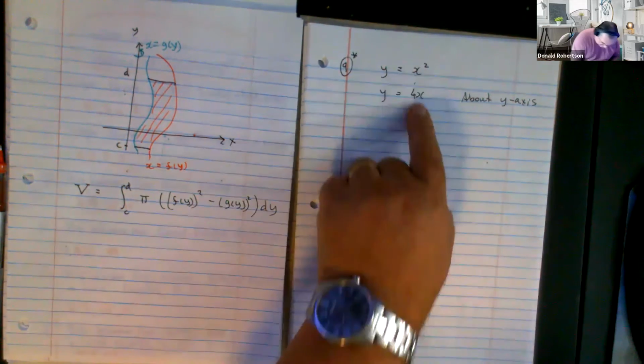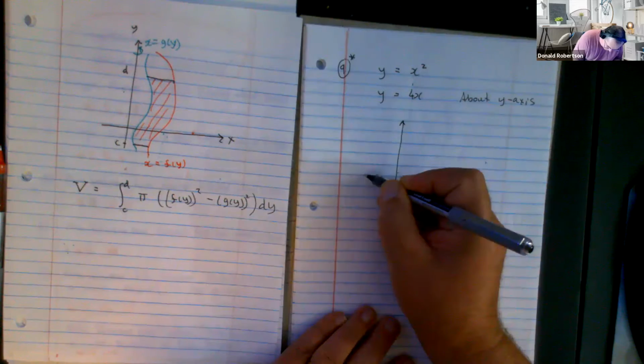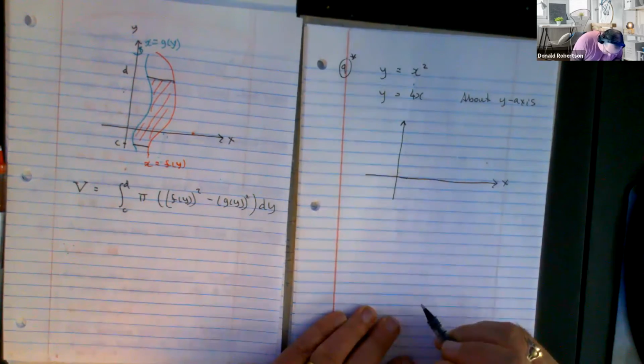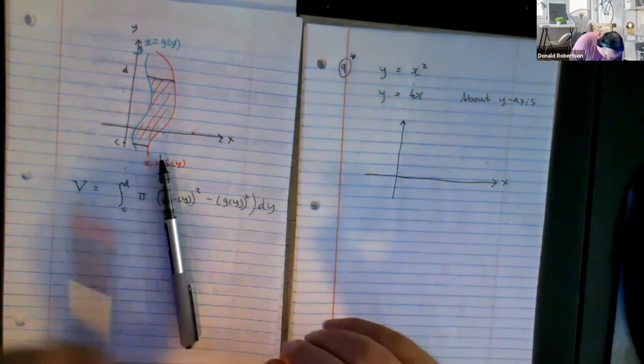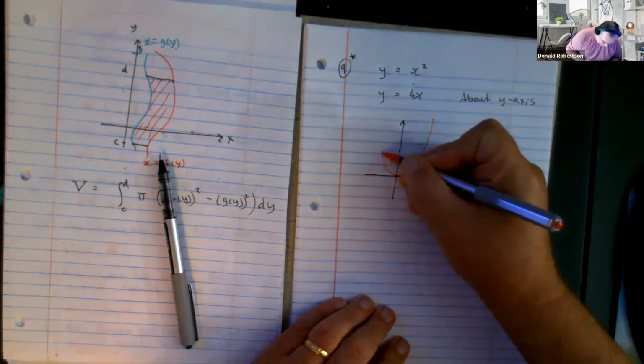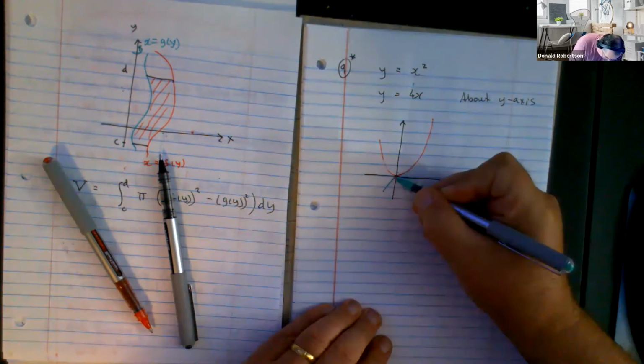Everything in x. I'm still going to draw it. And then I'm going to have to adapt. If you do y equals x squared, basically it looks like that, right? If you do y equals 4x, it ends up being that guy.